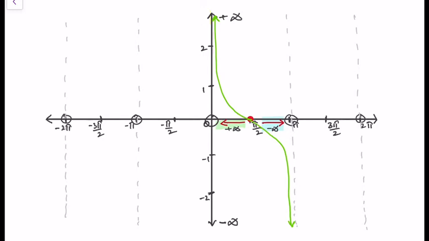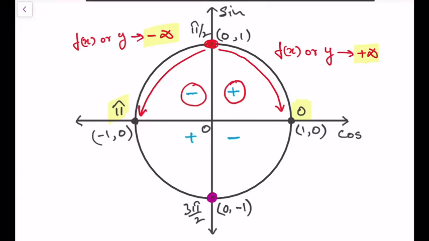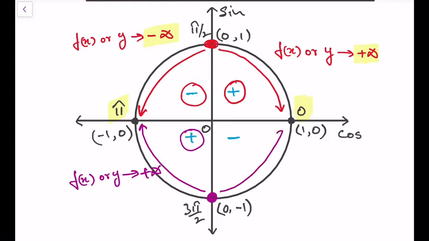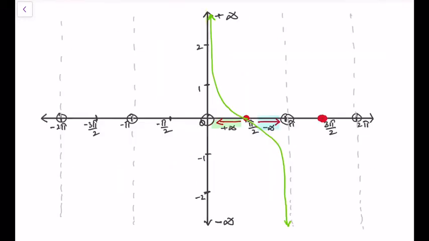Now at 3 pi by 2, when x is moving towards pi, then fx or y will be moving towards plus infinity. And when x is moving towards 2 pi, then fx or y will be moving towards minus infinity. So when x is moving towards pi, then y will be moving towards plus infinity, and when it is moving towards 2 pi, it is going down towards minus infinity.